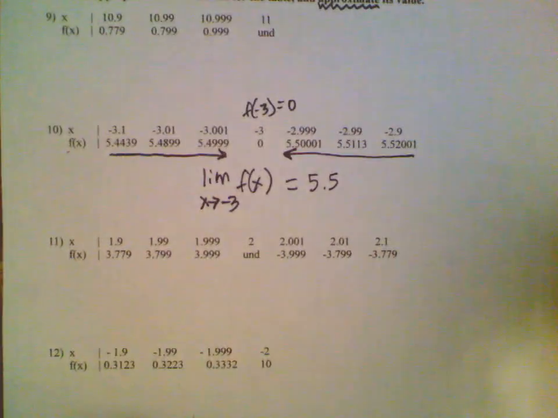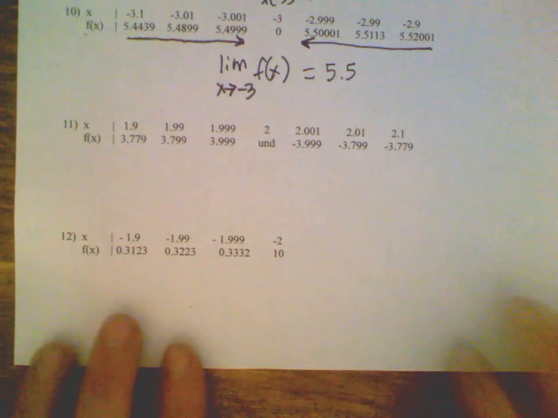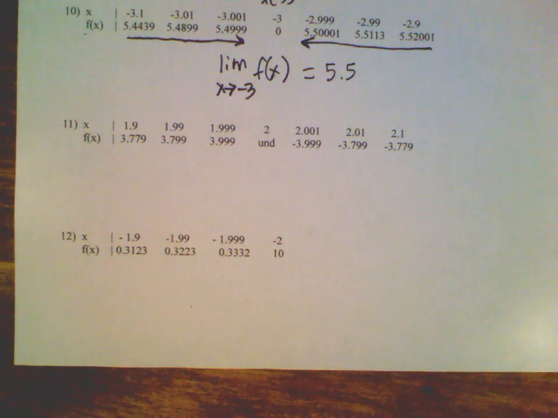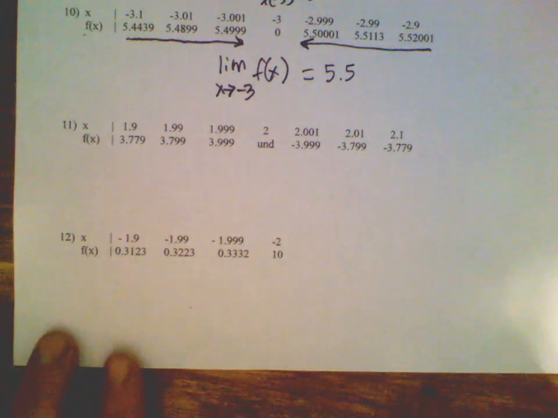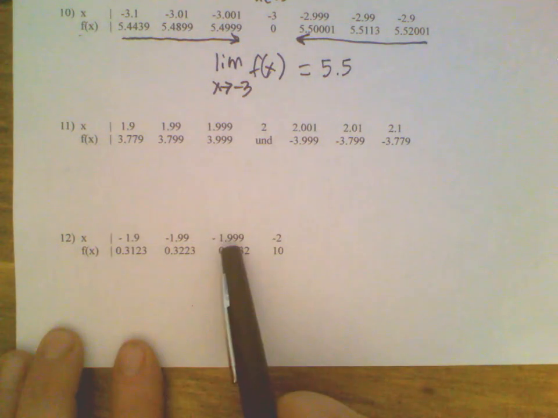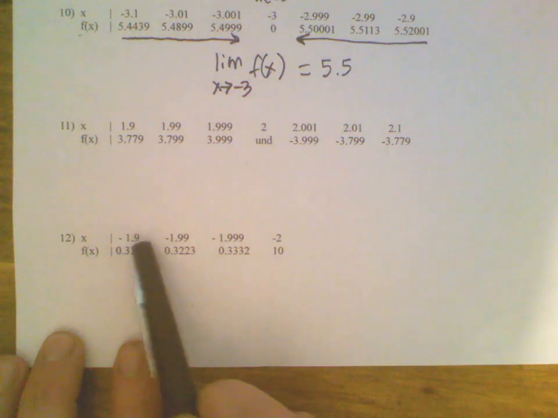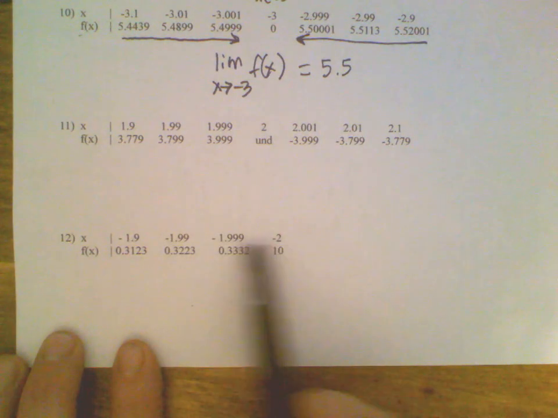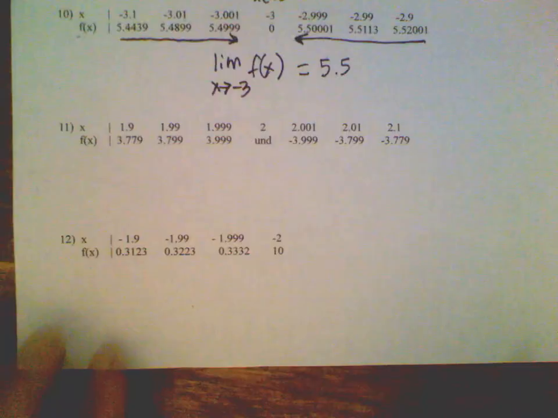Okay, so if my table's a little bit smaller, like problem number 12, then I'm probably looking at a one-sided limit. So I have to look really closely at what's given, because it could be written backwards. I just have to check size-wise what's going on.